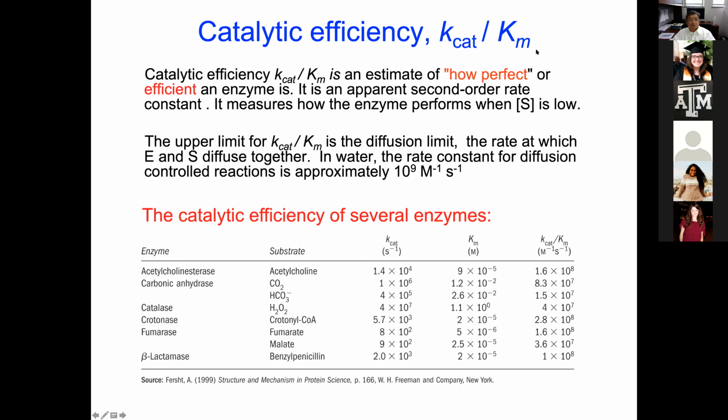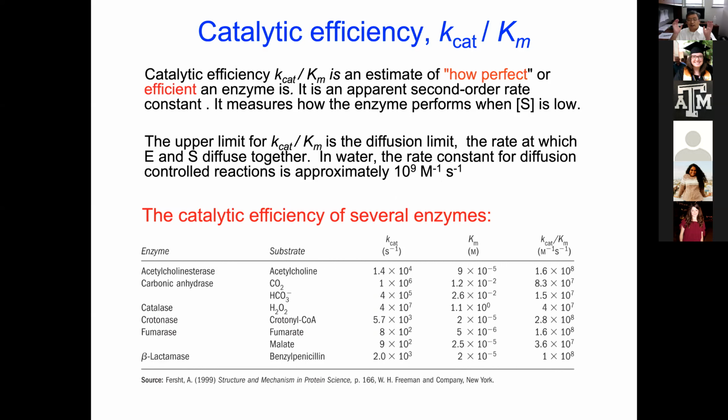The upper limit for kcat over Km is the diffusion limit. That means every time a substrate bumps into an enzyme, it forms a product, so it is a perfect enzyme. The diffusion limit is roughly 10 to the power of 9 to 10 per molar per second, so the substrate bumps into the enzyme that many times each second.